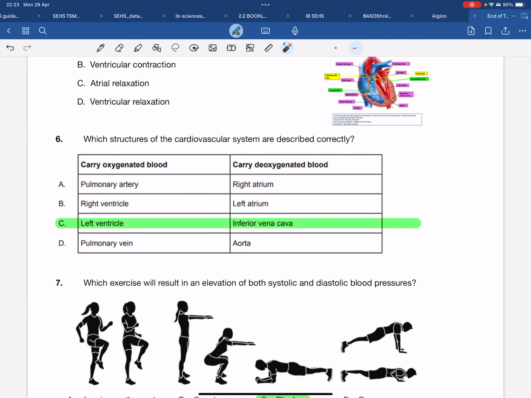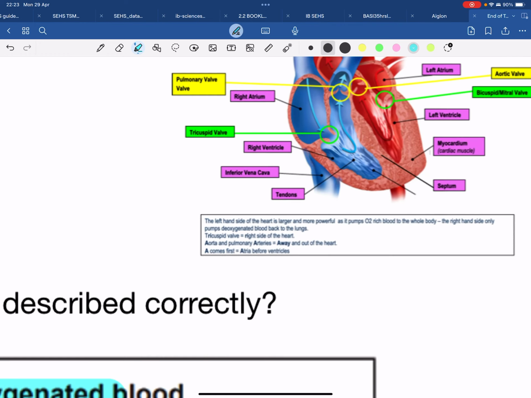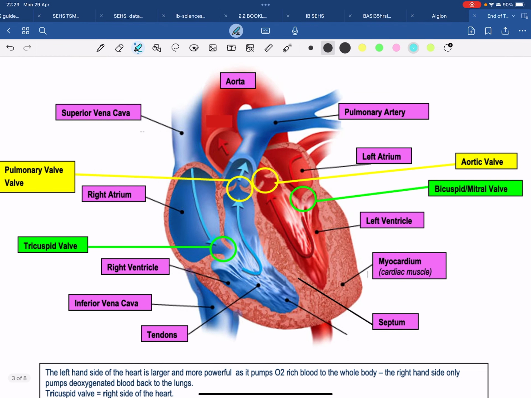Okay, number 6. This is a hard one. Which of the structures of the cardiovascular system are described correctly? So we need to know about oxygenated blood. In fact, let's go oxygenated blood, and we need to know about deoxygenated blood. This is about knowing the structure of the heart. And again, you need to think about the blue side and the red side. So we've got the left side of the heart is all of this stuff.